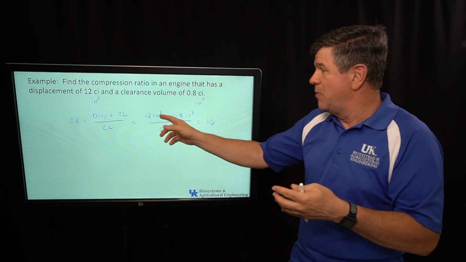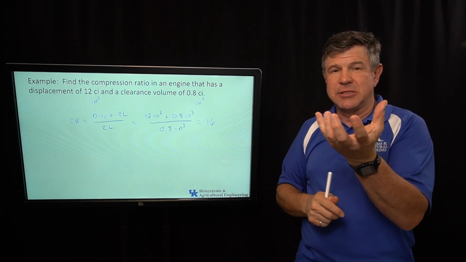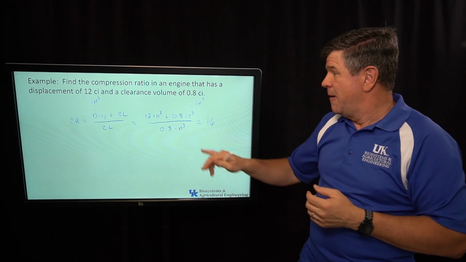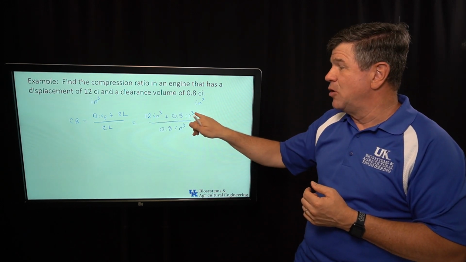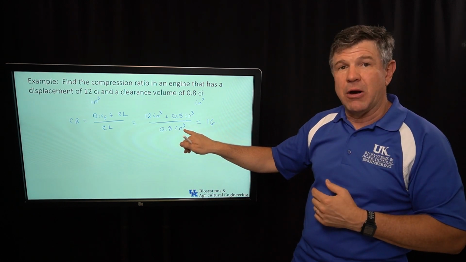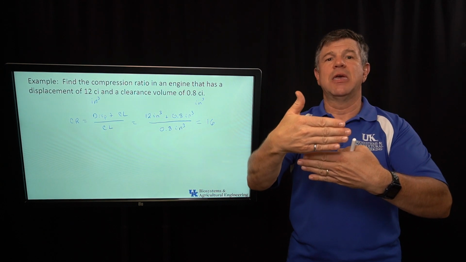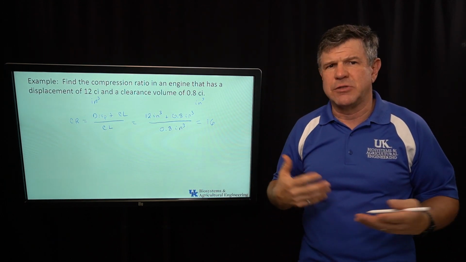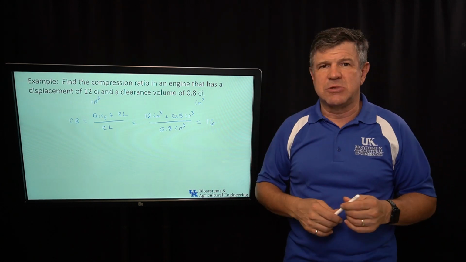A cubic inch plus a cubic inch is still cubic inches. I'm taking some volume, adding some volume to it, it's still volume. So the whole unit from that numerator is cubic inches. What units do I have in the denominator? I have cubic inches. What happens when I have cubic inches divided by cubic inches? I end up with nothing. They cancel off. So it becomes unity. So the answer is just 16.